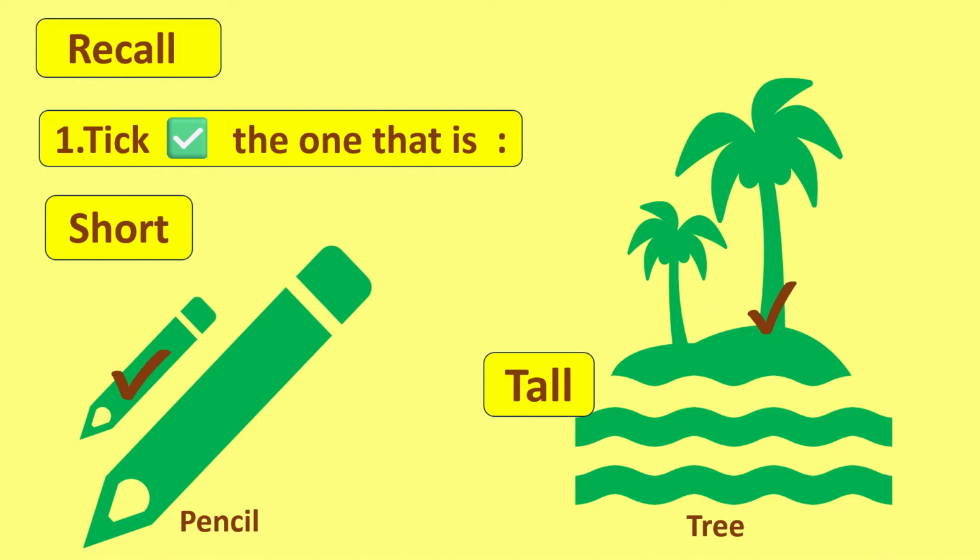Very good. And don't forget to also learn the spelling of tree and also of tall. Okay. So learn these spellings which are mentioned here. It's definitely helpful for you. Now move on to the next point.